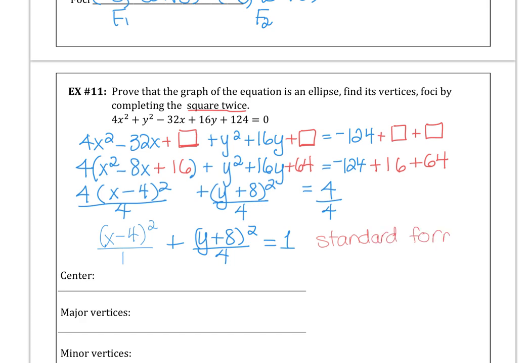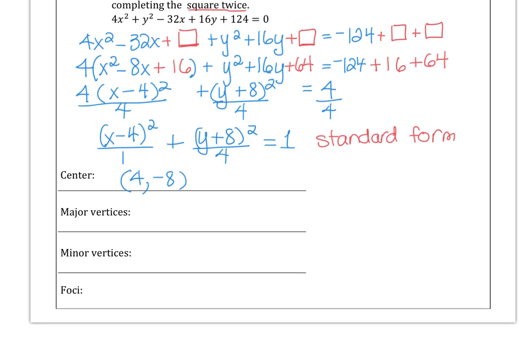The h value is with the x. The k value is with the y. And what do we know about this? We know that a is the square root of 4. B is the square root of 1. And c is the square root of 4 minus 1. So that's square root of 3.